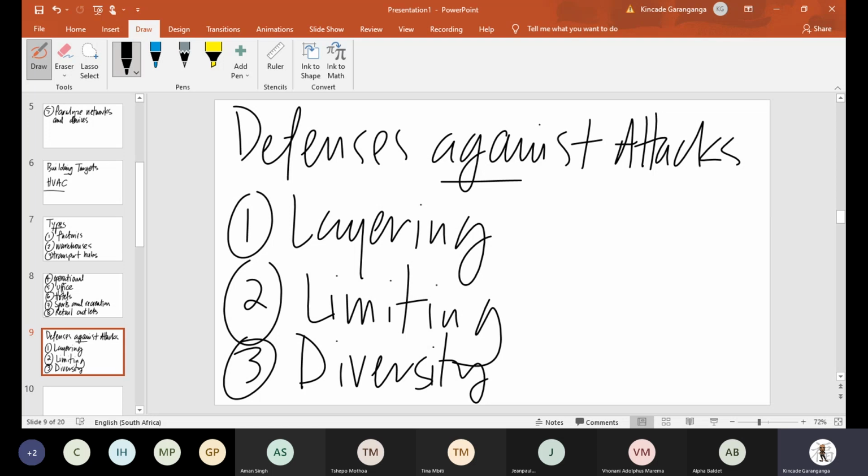That is a typical example of diversity, because all of those different forms of accessing a specific system literally look at a diverse or different way of configuration. So the reason why that is put in place is that if attackers penetrate one layer, they literally cannot use the same technique to break through other layers.